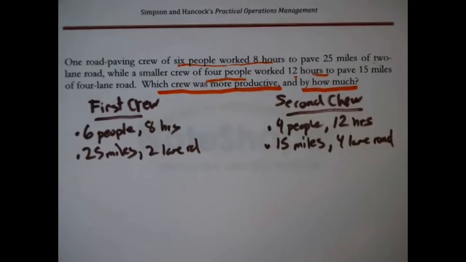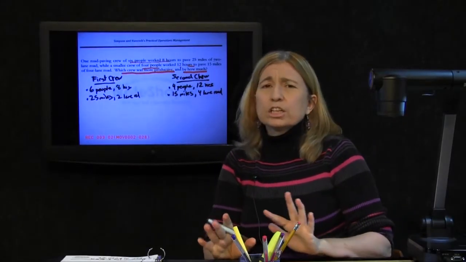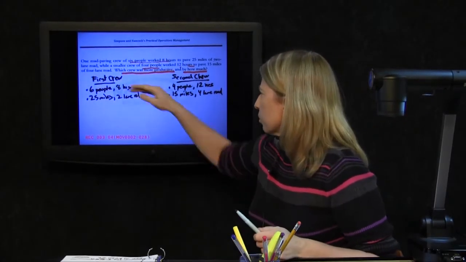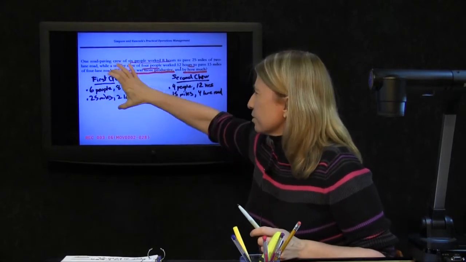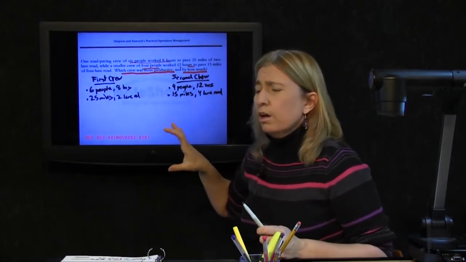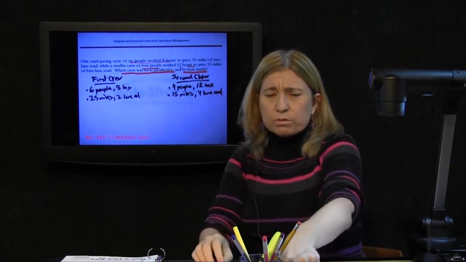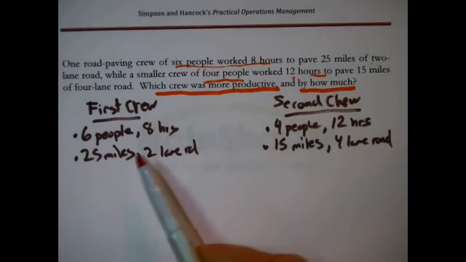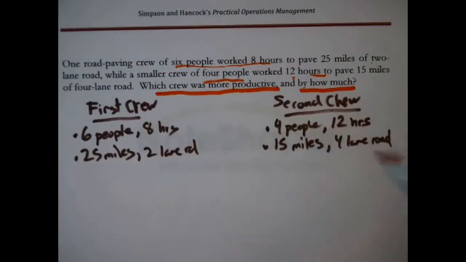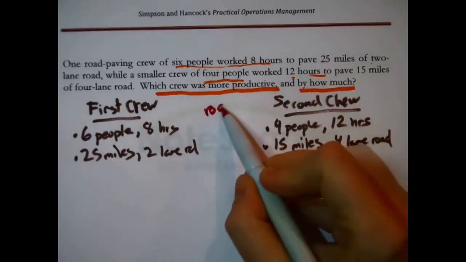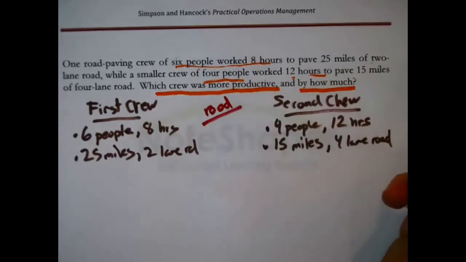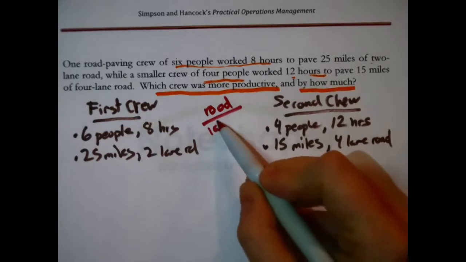Now, I haven't calculated a single thing yet. I am just organizing the sentences because this format is easier to work with. In order to comment on who is the most productive, I basically need to calculate a ratio of road to labor.